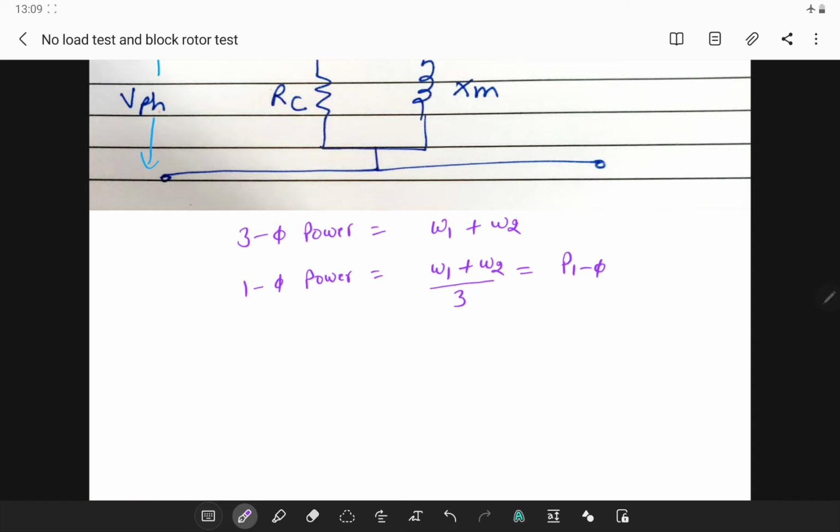Okay, and if my voltmeter is showing 415 volt, then V phase will be V no load divided by square root of 3 if the connection is star, and if the connection is delta, then it will be equal. And for star connection, you all know that line current is equal to phase current, so no change in the current values.